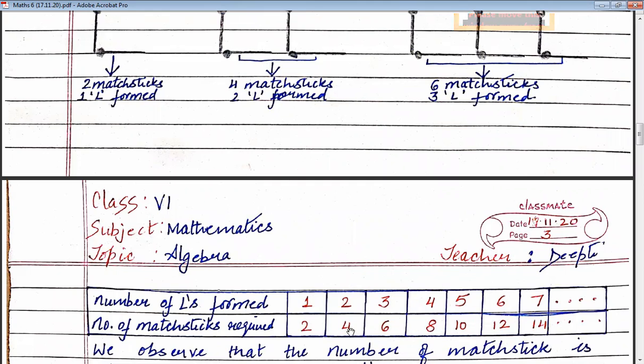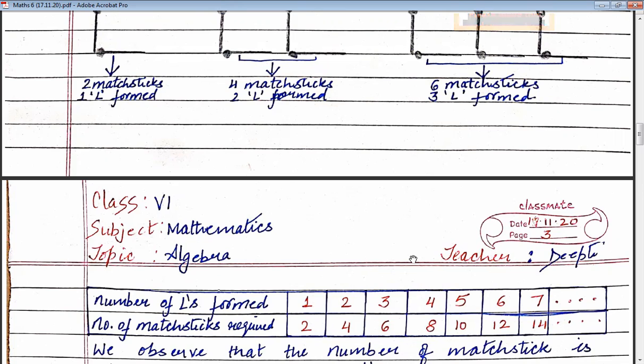So I have written here 4. Now let us look at the last one. We have written 3 Ls, and to write 3 Ls, how many matchsticks do we need? We need 6. So similarly, if we want to write 4 times L, then how many matchsticks do we need? 8. Next, for 5 Ls, we need 10 matchsticks.